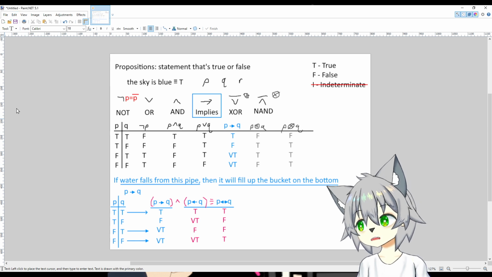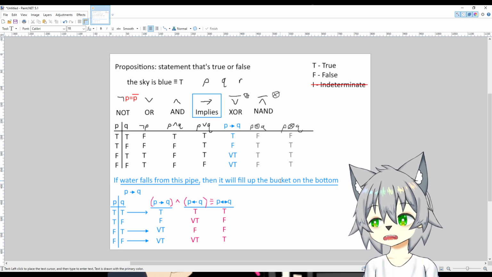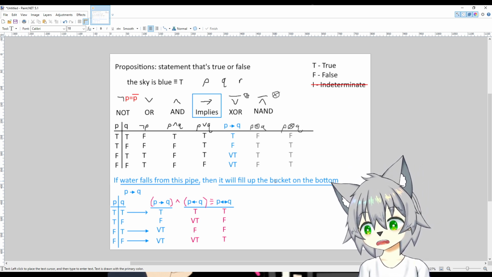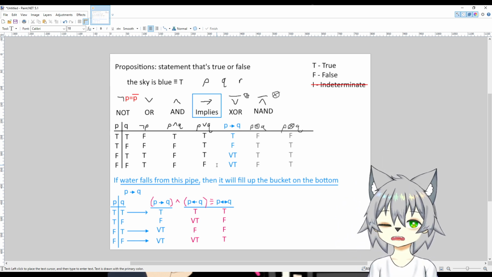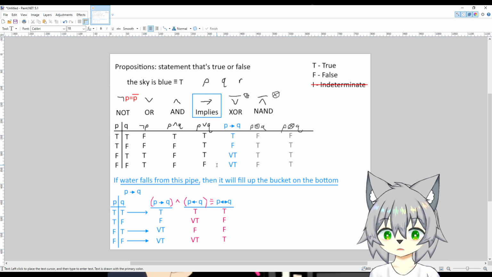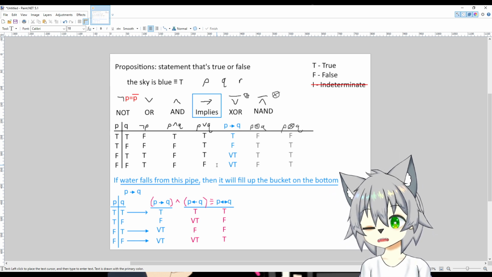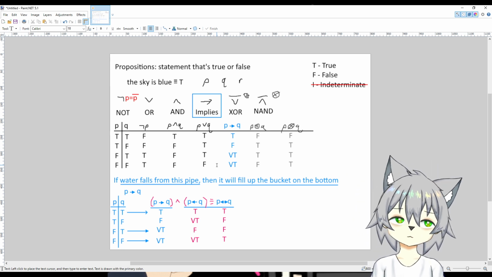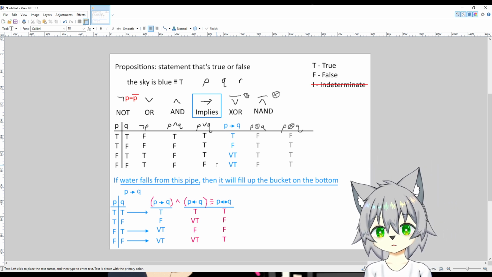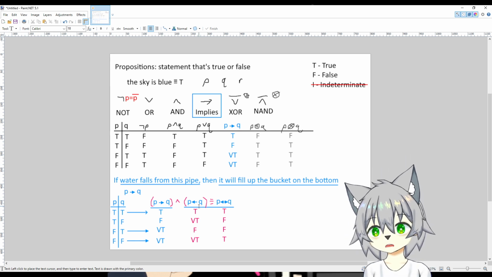We're just representing logic in a very abstract way. Oftentimes we're not going to have concrete statements, and we can always replace any of them with a statement like, if water falls from this pipe, then the sun will rise tomorrow. It could be something as absurd as that, and all we care about is the general truth value of each, and whether or not the whole function is true or not.